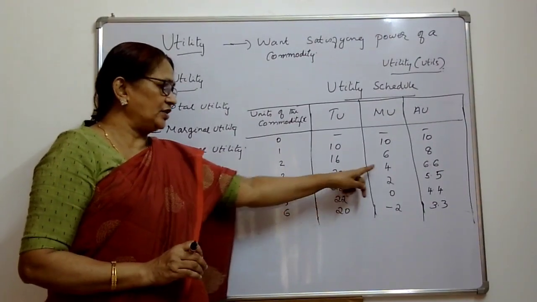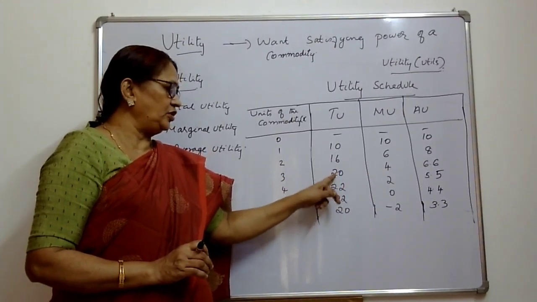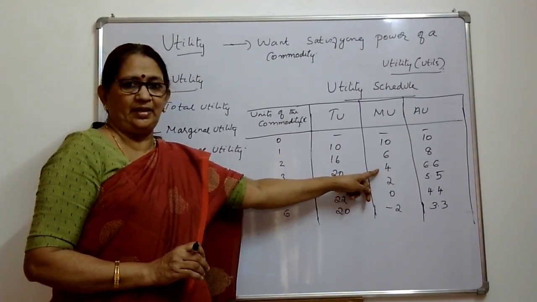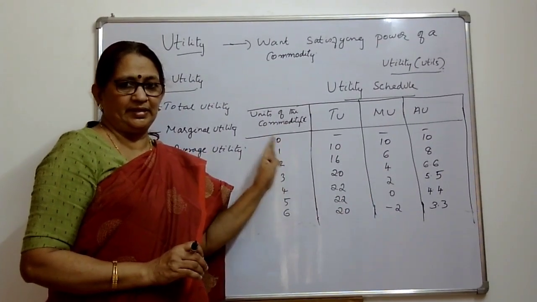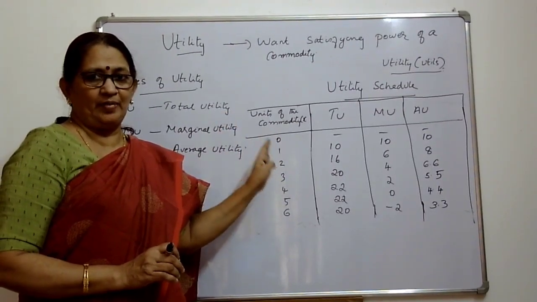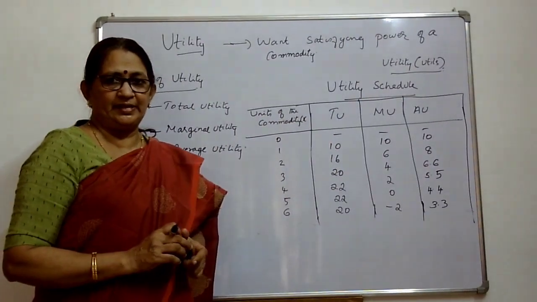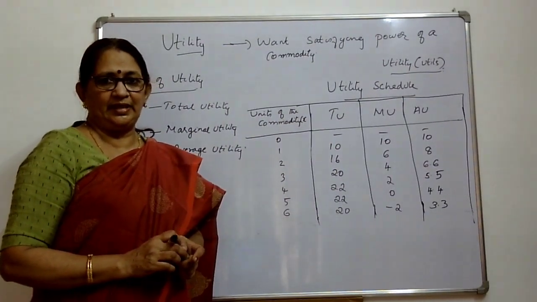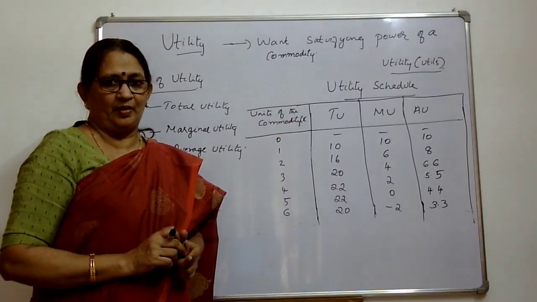What is the extra utility gained here? From 16 to 20, the extra utility is 4. So total utility is the total satisfaction derived by the consumer by consuming a commodity. Marginal utility is the extra utility gained when a consumer consumes one more unit of that commodity.